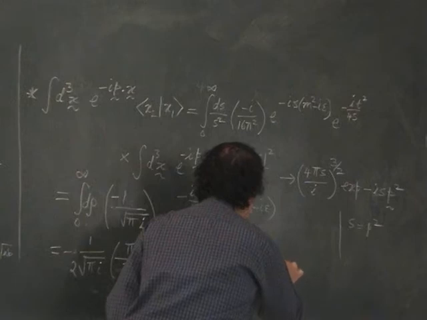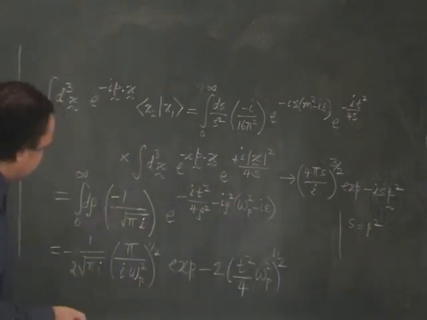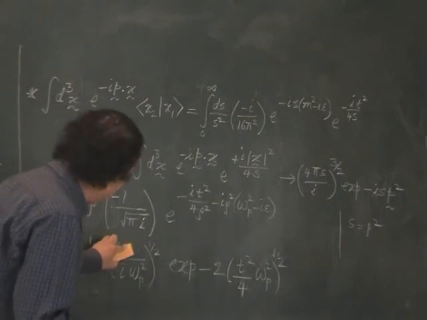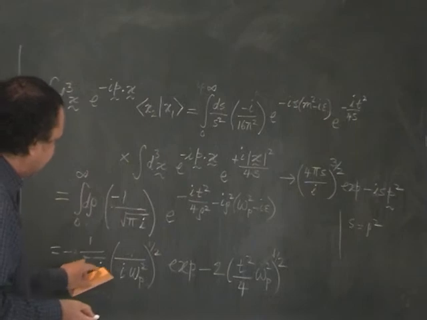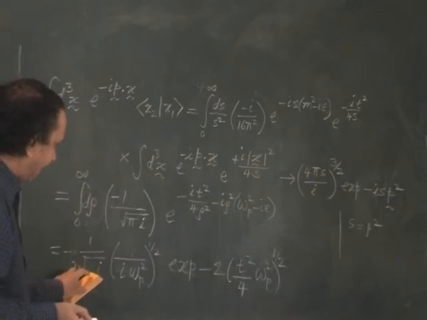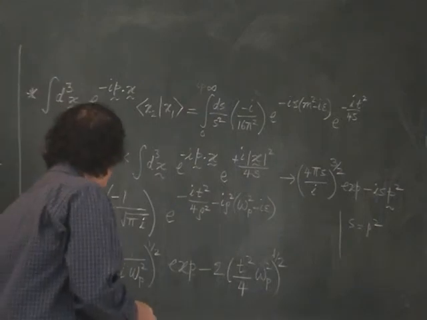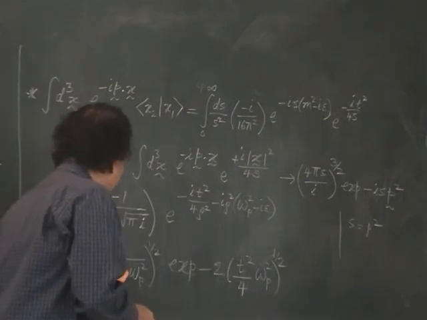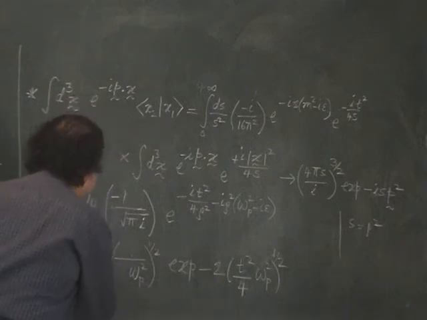Okay, let me see whether I got the prefactor right. So there is a root pi and a root pi which will go away. Then there is a square root of I and a square root of I. That will give me an I on top. I'm not sure about that factor, but that is alright.